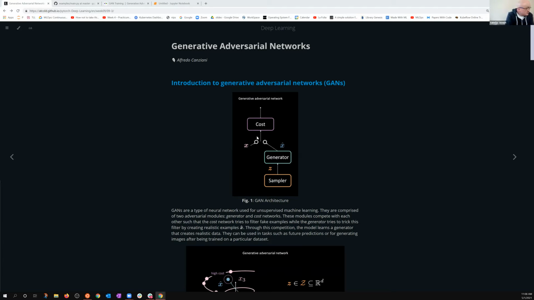So what we have, and I'm going to the notes here, is essentially a type of neural network for unsupervised machine learning. We have two portions of it, which I think we discussed last week: a generator and, for ease of use, I'm going to call a discriminator, even though I think that's a loaded term that they have some issues with.